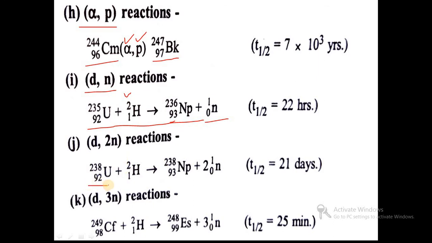Then deuteron-2n: when uranium 92-238 is bombarded by deuterons, we get neptunium 93-238 along with 2 neutrons. Similarly, deuteron-3n: californium 98-249 bombarded by deuterons gives einsteinium and 3 neutrons. So by using these techniques we can prepare higher nuclei.